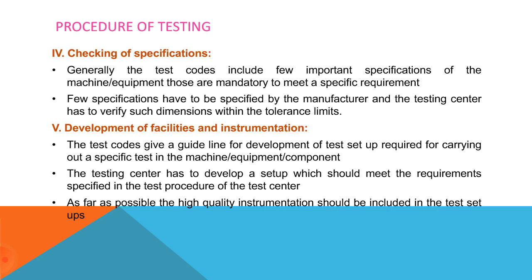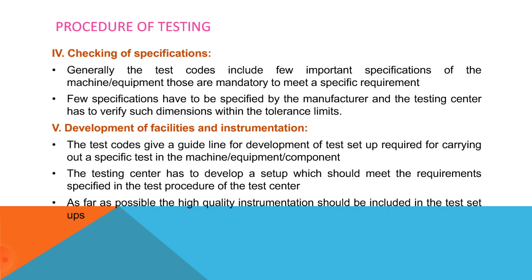The authority first checks whether the specification is right, whether the length is within the tolerance limit, and whether width, height, etc. are as per the specification chart. Lot of things we check as per the specification chart, and if anything is not meeting the standard, we clearly mention that in the testing report. If it meets the standard, that is also mentioned in the testing report.